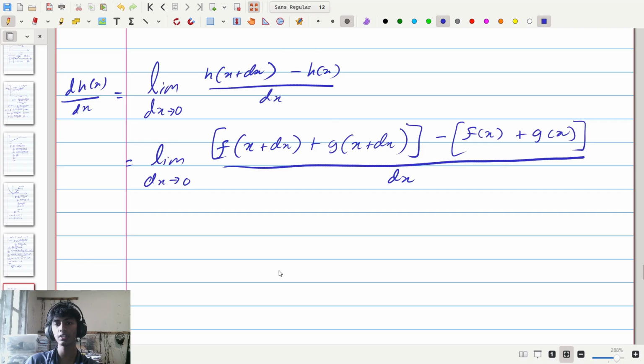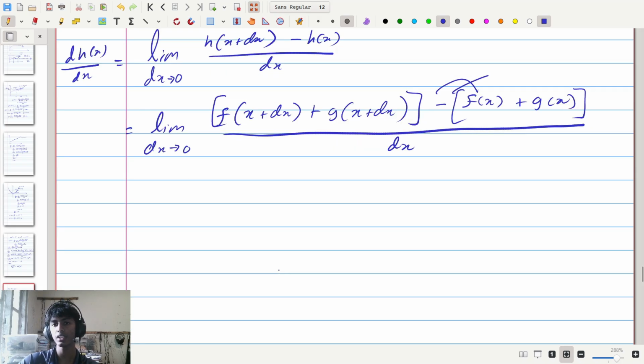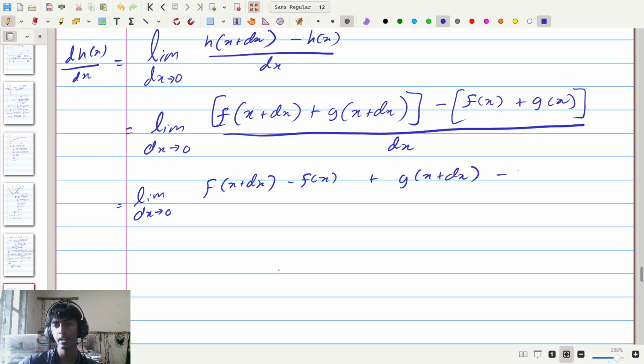Now distributing this minus sign and rearranging a little bit, we can see this is equal to the limit as dx approaches 0 of f of x plus dx minus f of x, plus g of x plus dx minus g of x, and then the whole thing divided by dx.